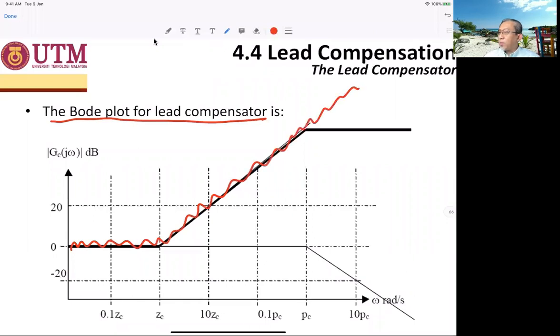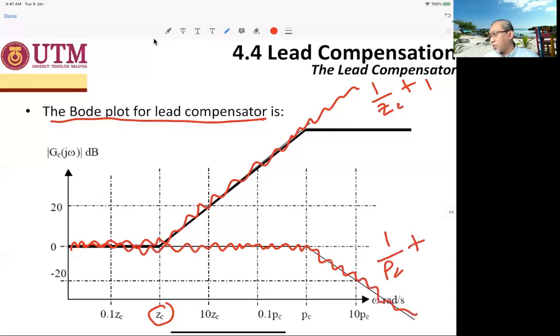That one represents the ZC, which is the break frequency at ZC. The second one is the combination of S over PC plus 1, where the break frequency is at PC.